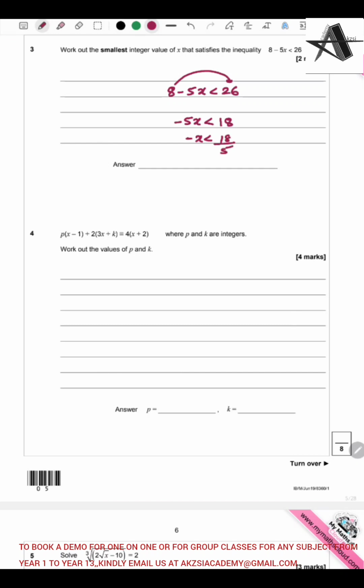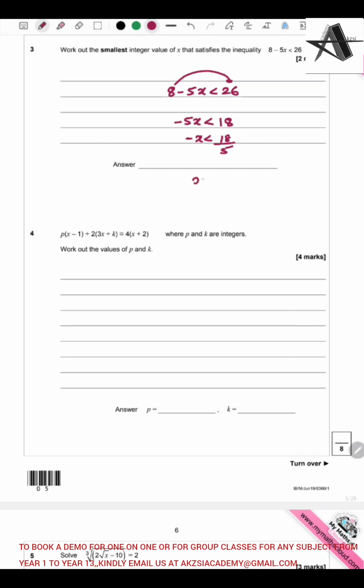Because I need to isolate x, only x I need, and still I have a negative sign. So let me multiply both sides by minus 1. Whenever we multiply both sides by a negative value or divide both sides by a negative value, we have to flip the inequality.